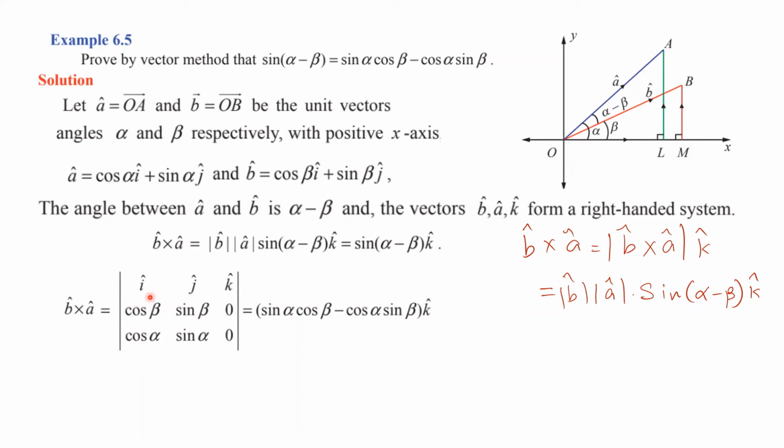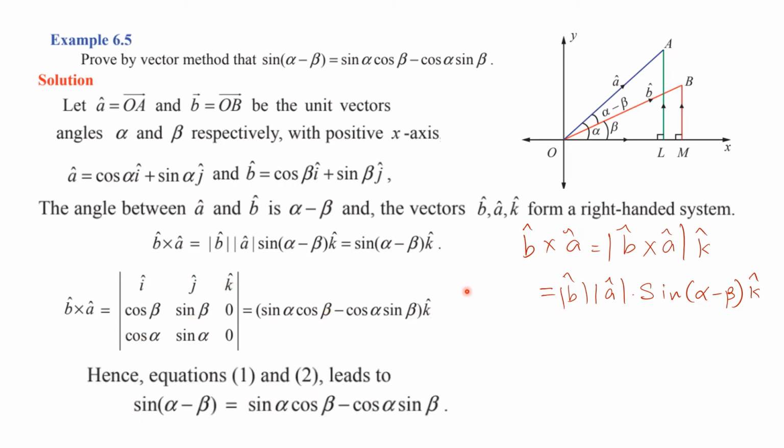Why? The minor determinant of i cap and j cap will be 0, because for example, if you take j i cap, the minor is sine beta 0, sine alpha 0, and the determinant of this will be 0 minus 0. Similarly, for j cap also it will be 0. So you'll be left with sine alpha into cos beta minus cos alpha into sine beta into k cap.